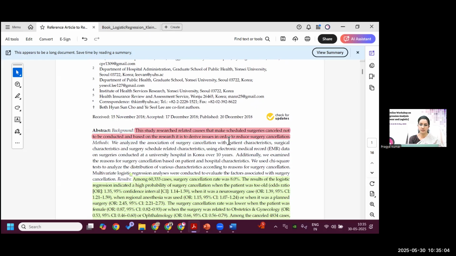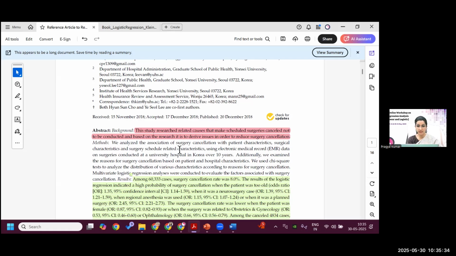The study researches the causes that make scheduled surgeries cancelled, based on research to derive issues in order to reduce surgery cancellation. So their aim was not to predict something, just to show the relationship. Why? Because that will help decision makers make more specific strategies for those factors which lead to surgery cancellation.